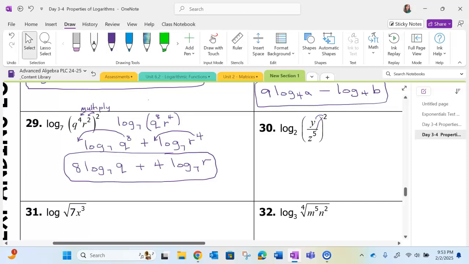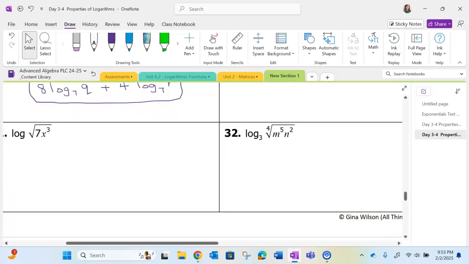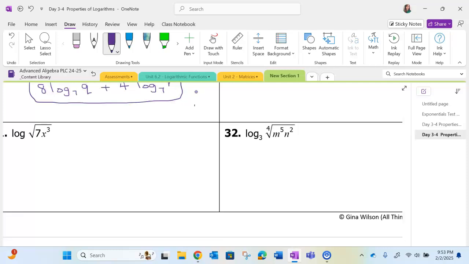All right, let's try one of these radicals. Let's try number 32. So first of all, I'm going to change this whole thing to power over root. So I'm going to make it log base 3, and I'm going to put m to the 5th n squared. And it's a power, remember this? This is all one power, 1/4.